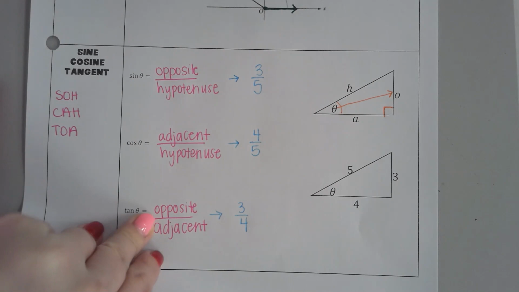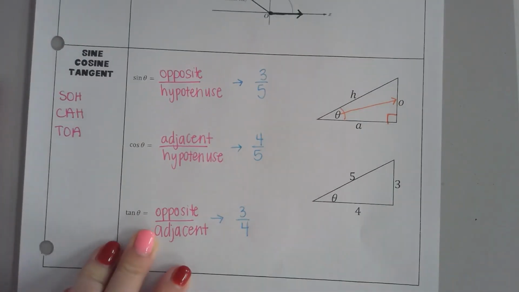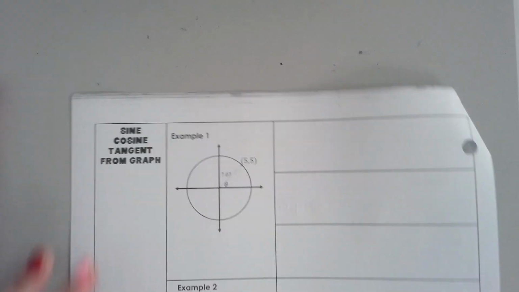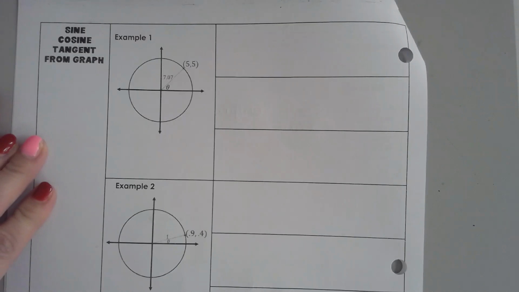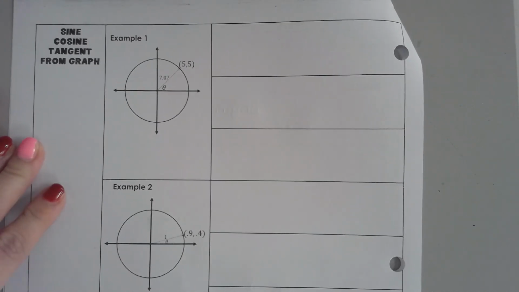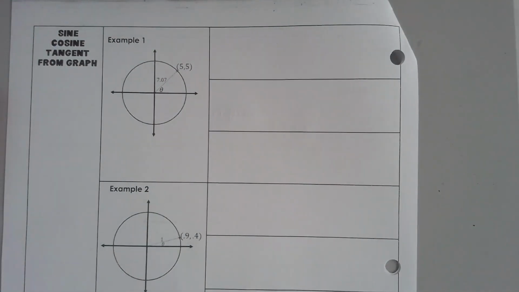Honestly, we're not going to be doing a lot of right triangle trig. I'm going to introduce it. We're going to learn about something called the unit circle, which is like a little fill it out. Okay. All right, so we're going to be talking about the unit circle.